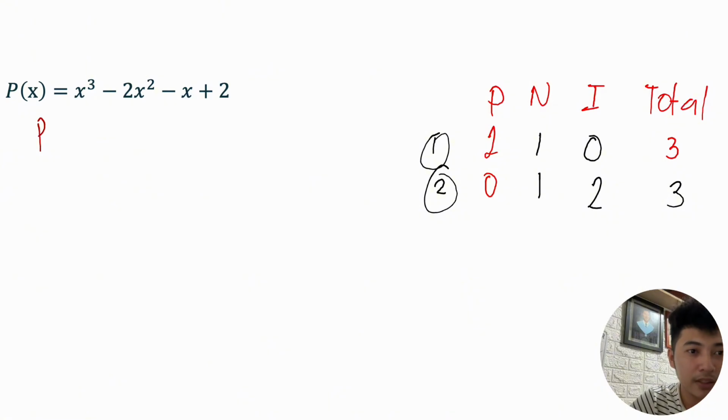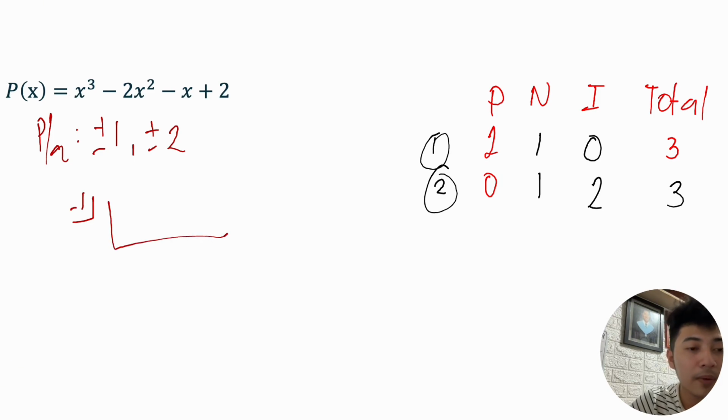Since integral ang ating coefficient here, positive integer 1, and you have a constant 2, therefore your p over q is the same as your p. Ano ba yung mga factors nito? Positive and negative 1, and positive and negative 2. So, let us test for negative 1. Pwede rin si 1, pero let's unahin na natin yung negative since may isa lang naman negative.